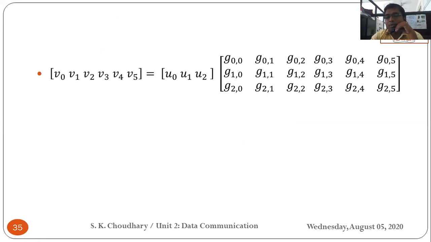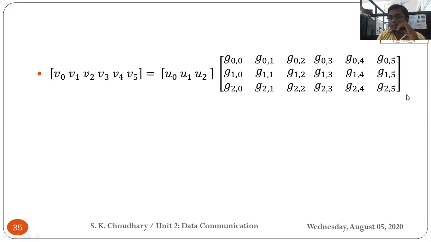Now further, as per the formula, the code word is equal to the message multiplied by the generator matrix, which I have written here. So the code word bits V0 to V5 equal the message U, that is U0 to U2, times the generator matrix. What is the order of this?